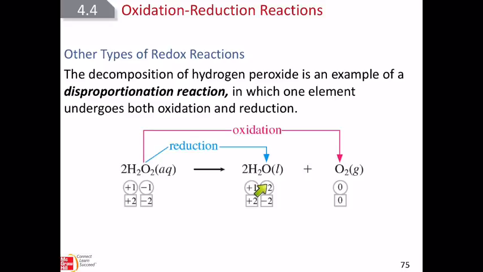But now this oxygen has been reduced to -2. It went from -1 to -2. That's the oxidation number going down. And these oxygens have gone up. They've been oxidized. So some of the oxygen went up, some went down. It's like, we do not like -1. We're happy with 0, we're happy with -2. So you go that way, I'll go this way, but we're getting away from this -1 place. Called disproportionation.